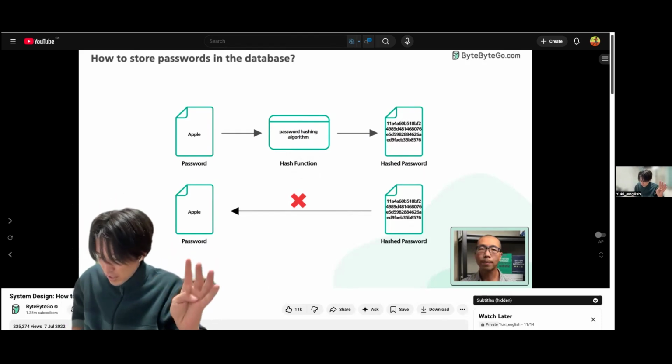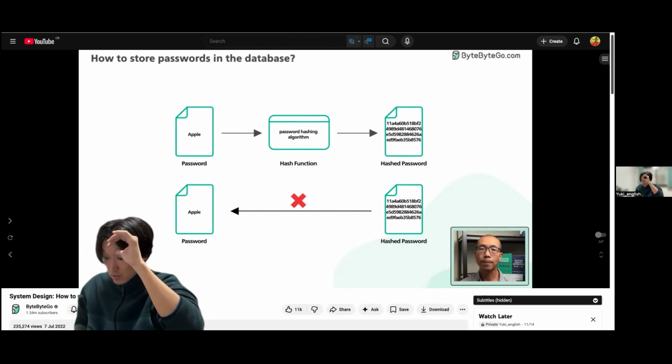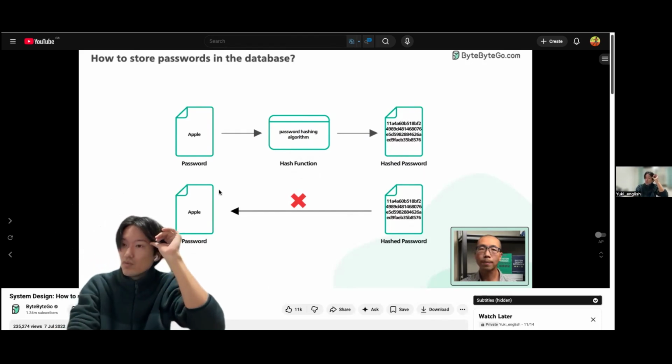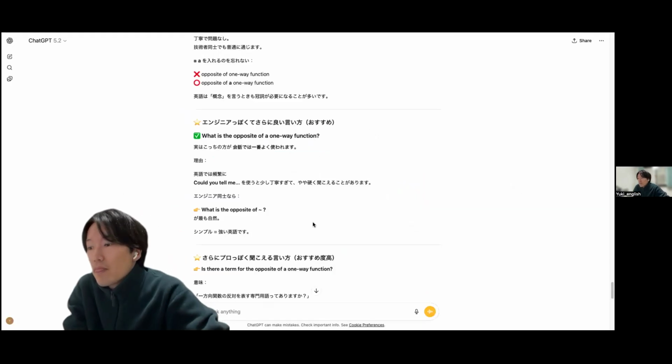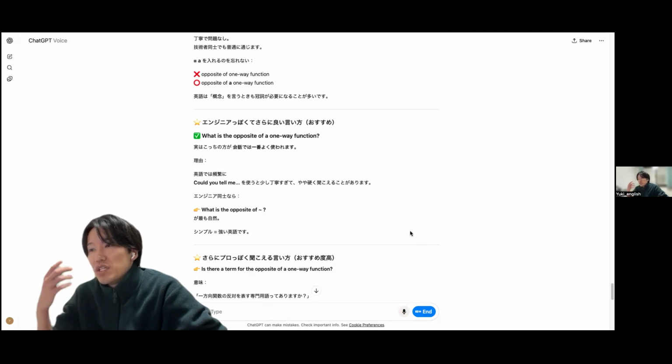Obtain, gain, get. This is similar meaning. What's the difference between obtain and get and gain?